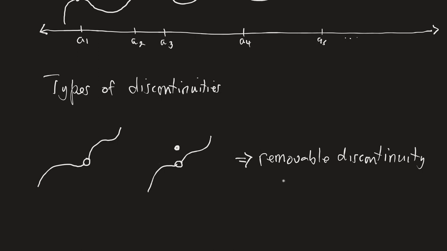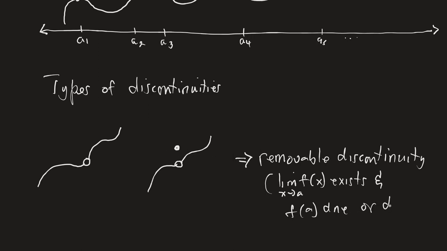But in a removable discontinuity, the two-sided limit exists, and f of a either does not exist, which is this case, or differs from the limit.